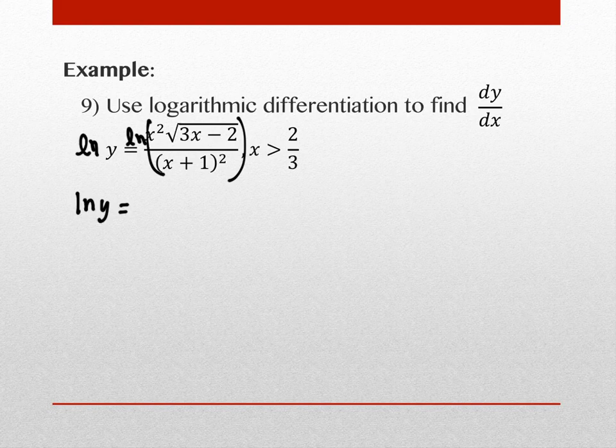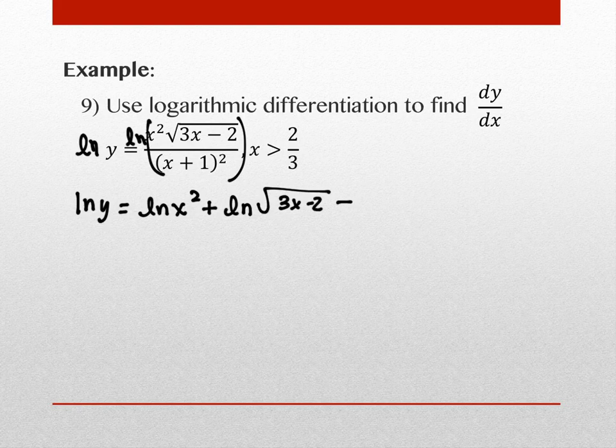So I can rewrite this to say natural log of x squared plus the natural log of the square root of 3x minus 2. We're going to simplify more in a minute. So if you're looking at this and saying, why is she doing more? We will. And then minus the natural log of x plus 1 squared. That is leaps and bounds easier already.